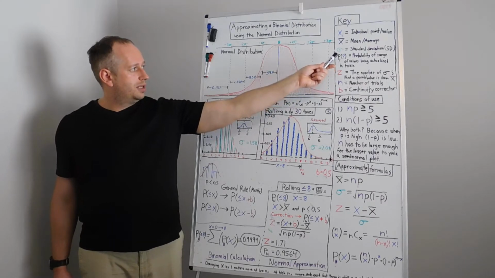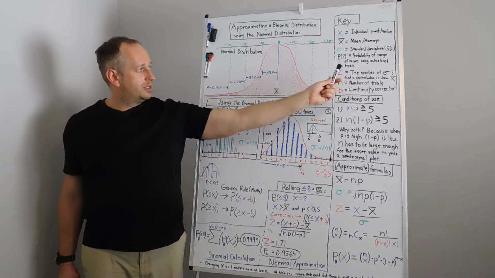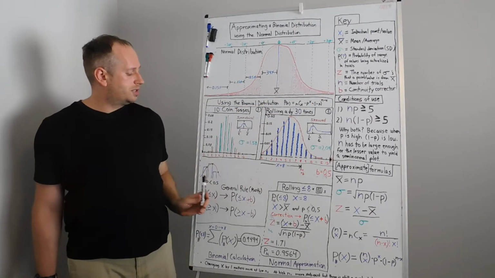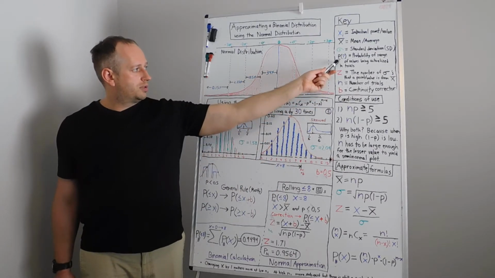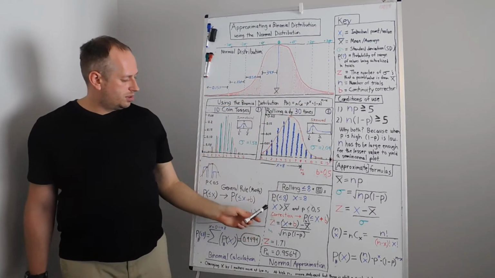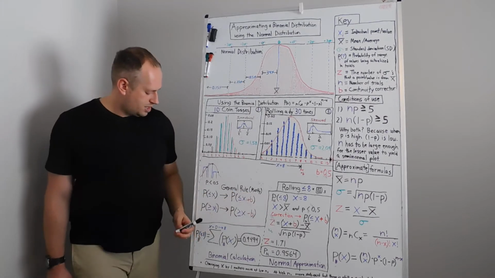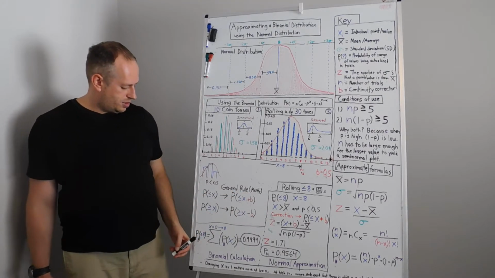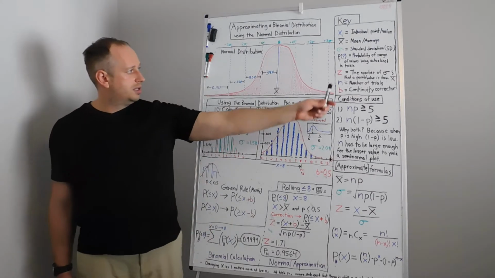For P in parentheses, and when you see a value in parentheses, that's usually an x range, a range of x values. And then you probably see a subscript, which you'll see down here. You'll see the probability for normal distribution of that range, and you'll see the probability for binomial distribution for that range to make a comparison.